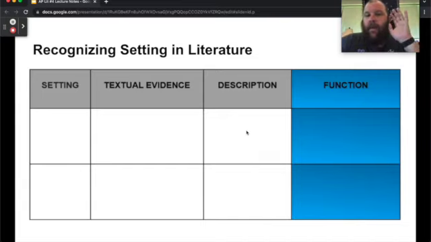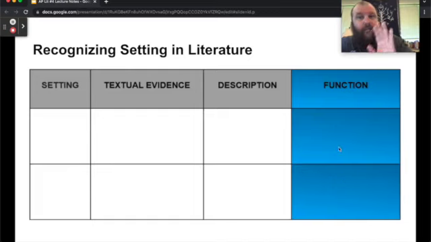But once you've read it, what I want you to do is hit pause on this video and, on a blank Google Doc or piece of paper, try and identify in the story two, maybe three, details about the setting. When or where does it take place? What is the evidence for that? And describe it. If you want to take a crack at function, fine.